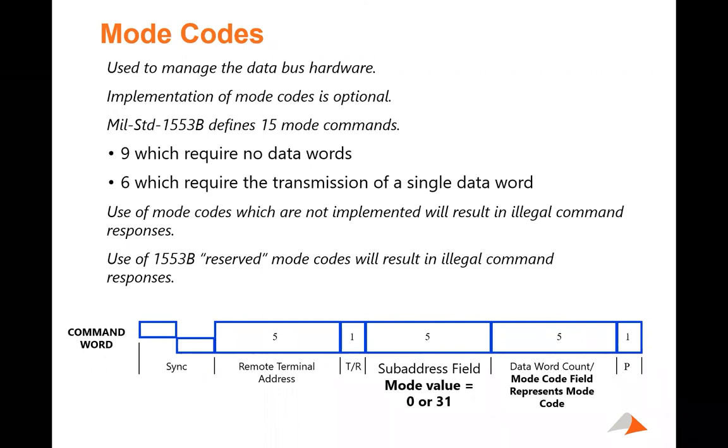The Navy implemented it one way at first, then the Air Force implemented it another way, and it was just too messy to back it out one way or the other. So they both agreed that we'll just make 0 and 31 the mode code location, and then the mode code itself is telling the systems what to do.